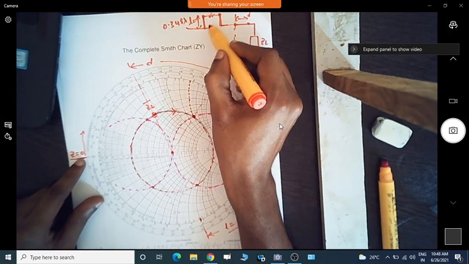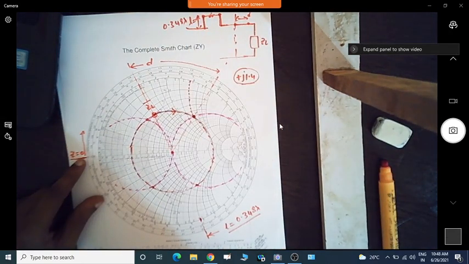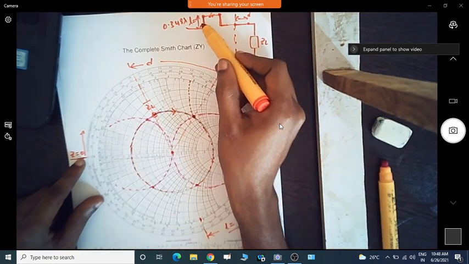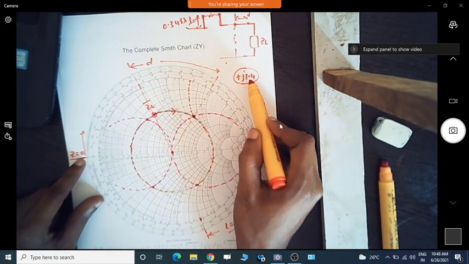Any length of the stub will offer either reactance or susceptance, based on whether it is series or parallel. Now we have the series stub, which will give the reactance. At this point we have the reactance value j1.4.